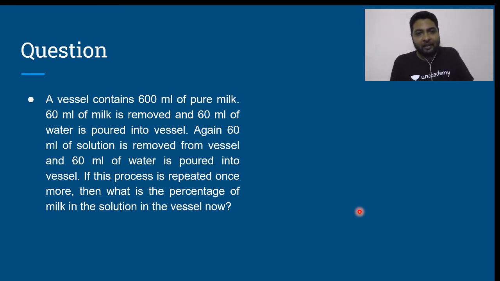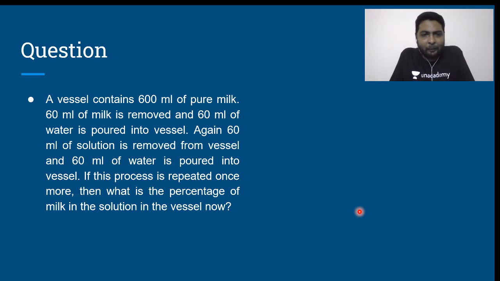A vessel contains 600 ml of pure milk. 60 ml of milk is removed and 60 ml of water is poured into the vessel. Again 60 ml of solution is removed from the vessel and 60 ml of water is poured into the vessel.